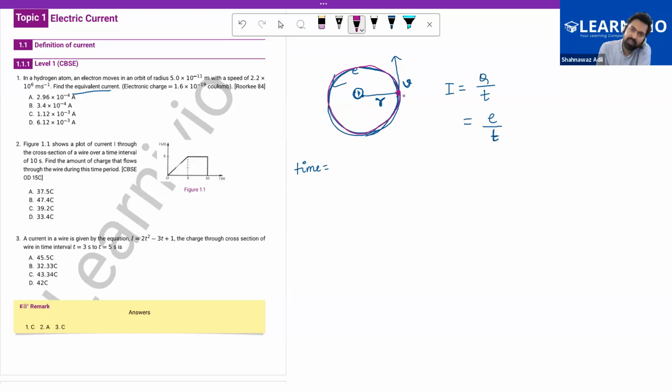Distance by velocity, absolutely correct. Now, this velocity is directly given, but we don't know this distance. So what would this distance be, related to this radius? For this circle, what is this distance?